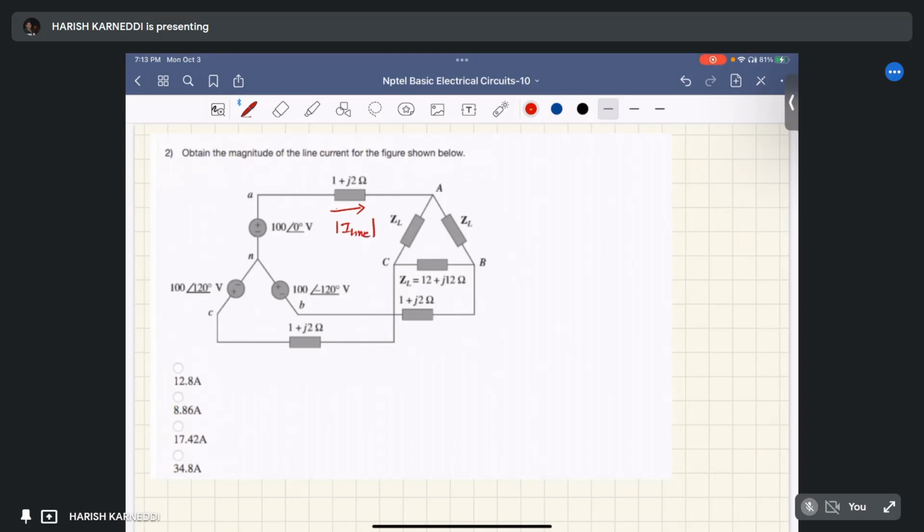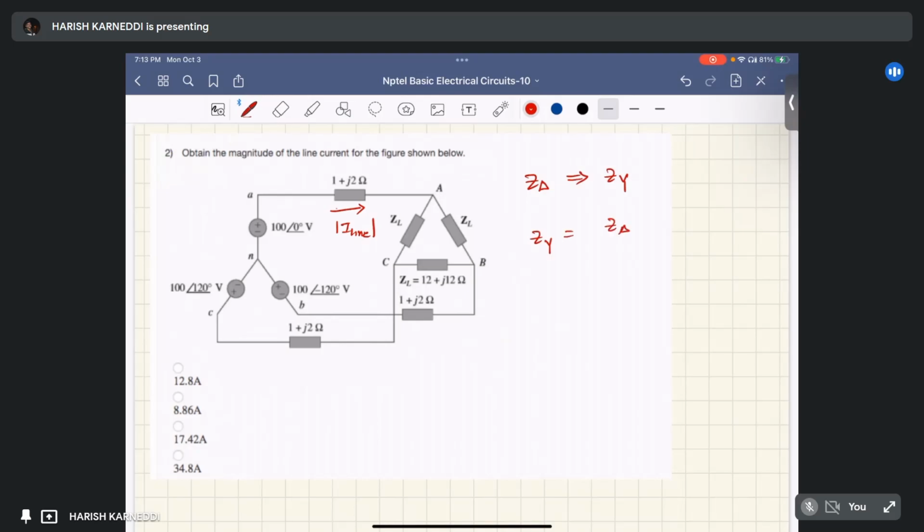Okay. So this is Z load connected in delta. We can transfer delta to star, right? It means Z load is connected in delta. We can convert into star. What is the equivalent? Here all the impedances are equal. What is the star equivalent?